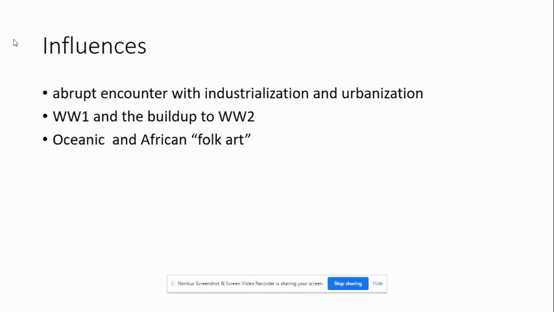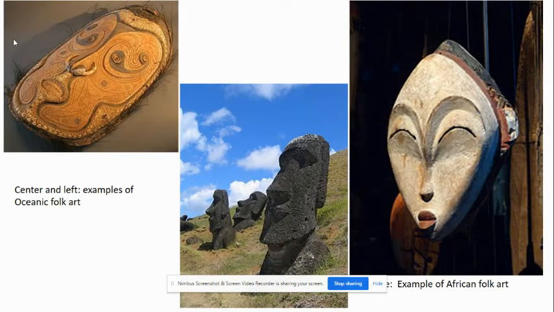Also, another influence is similar to one of the artists we studied, Aaron Douglas, who was very inspired by the African art that he was seeing. The Expressionists were also inspired by African masks and folk art, as well as oceanic artwork.